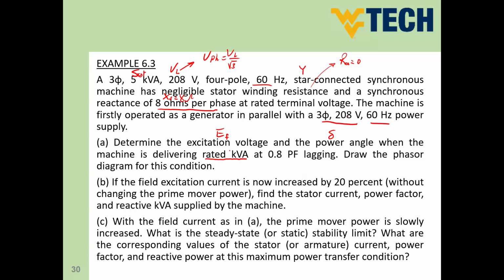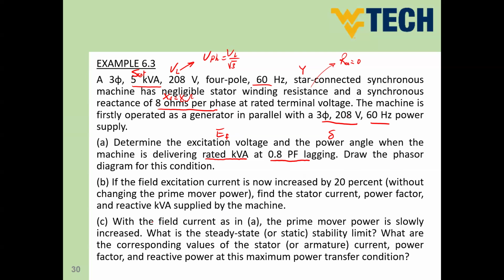So now we can use the value of 5 kVA because the machine is working at rated kVA and at 0.8 power factor lagging. So this is the power factor status, 0.8 lagging power factor. So we need to find these values, EF and delta, and draw the phasor diagram for this condition.